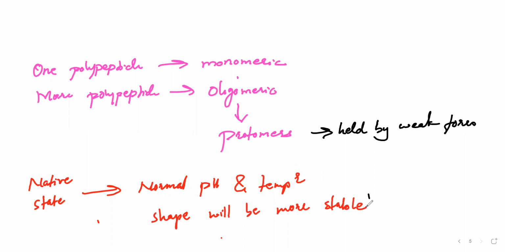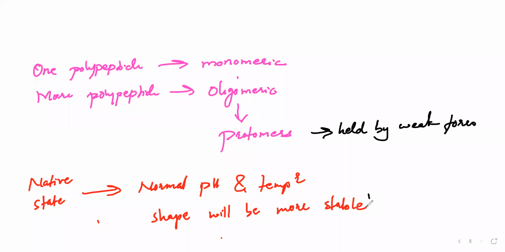If that protein is shape specific, meaning it has all the conditions proper, that is normal pH and normal temperature, then that state is called the native state.